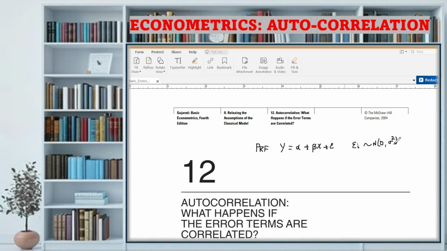Remember, I'm using no i here. There's no i under the sigma, which basically tells us that the model is not heteroscedastic. Our assumption previously was that epsilon i and epsilon j covariance is equal to 0, but now I am assuming that it is not equal to 0.